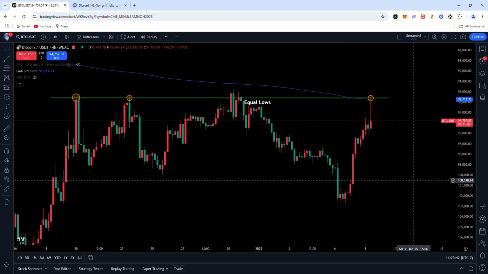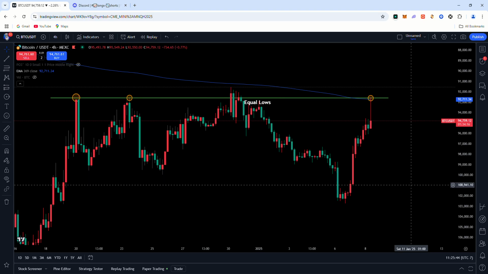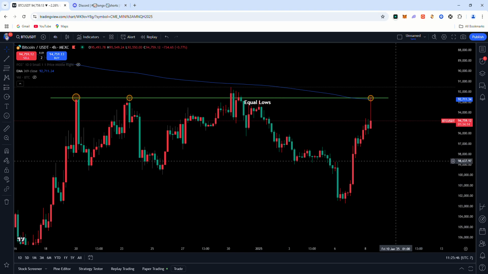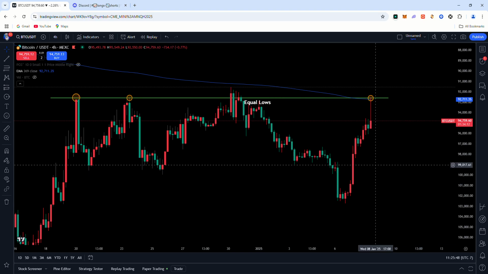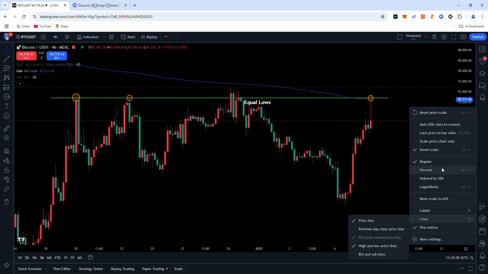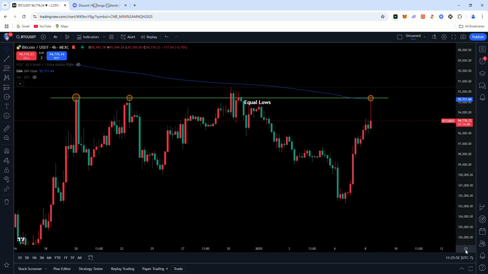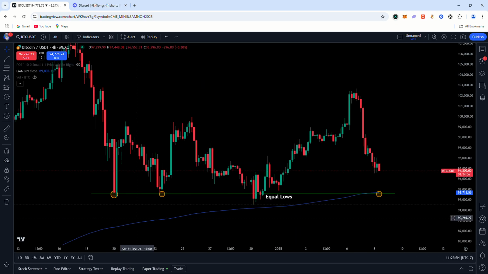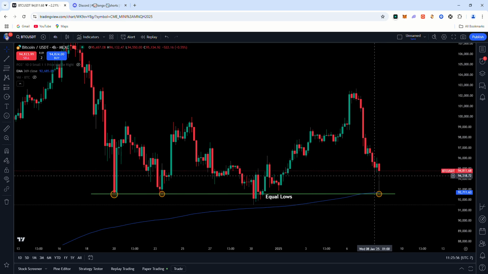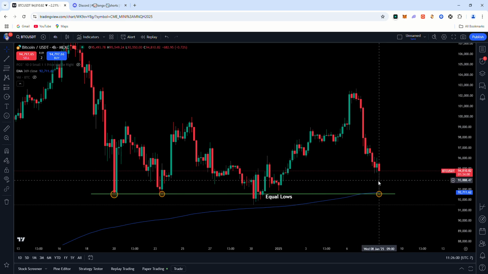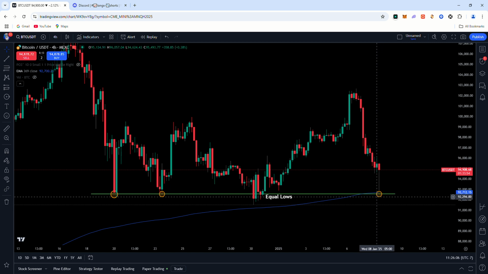Then we use multiple confluences, just like we talked about in the last video on part 1, which is the 369-day EMA. In this case, on Bitcoin, we have the 369-day EMA as an extra strong confluence. We get that nice poke right down into the 369-day EMA, and it gets bought up immediately. This is where we want to be, right here.